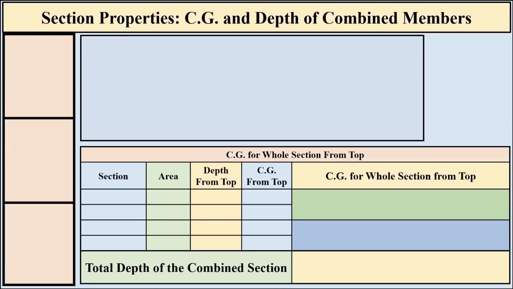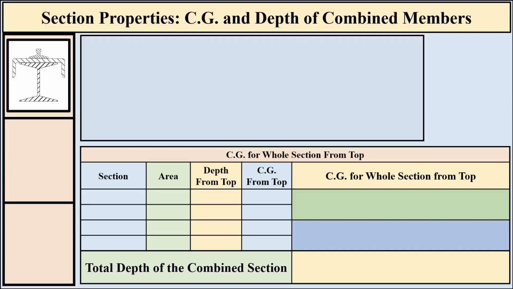Title of this slide is Section Properties, CG and Depth of Combined Members. In this slide, we look at the typical cross-section of a built-up gantry girder. The assembly consists of a main, vertical I-beam, which can be an ISMB or ISWB section.